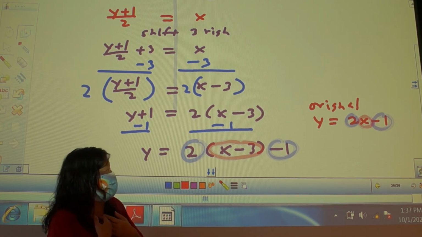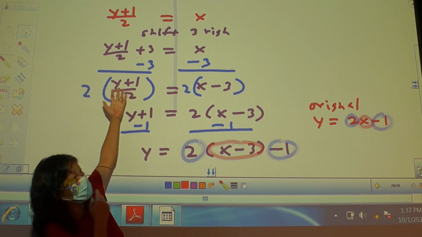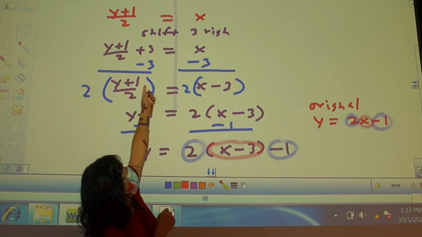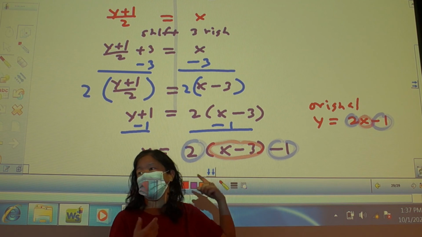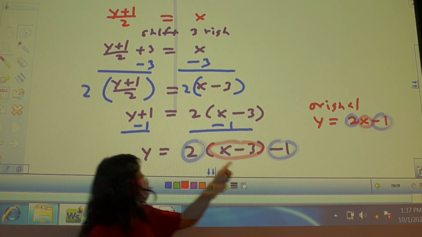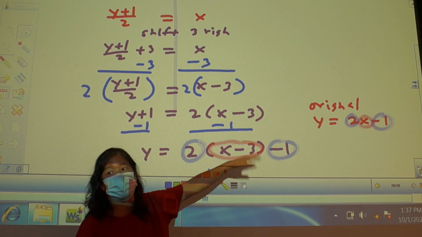Or let me put it this way. The way that I think of it is, because I had to do it to the opposite side of where the x is, then to move it back over, I had to subtract 3 from x, because it's on the same side of the equation as x is on. The y, if I want to move it up or down, I just add it to the other side.